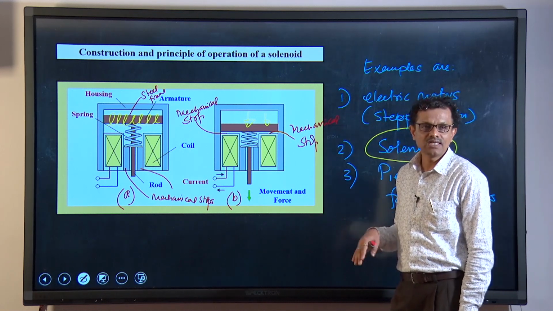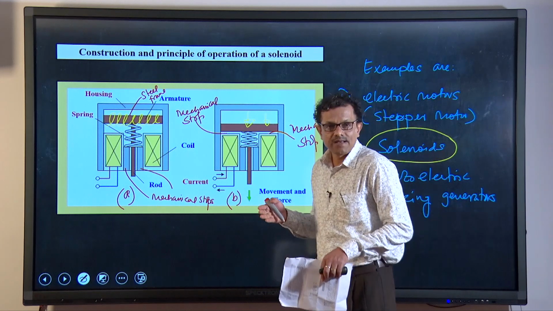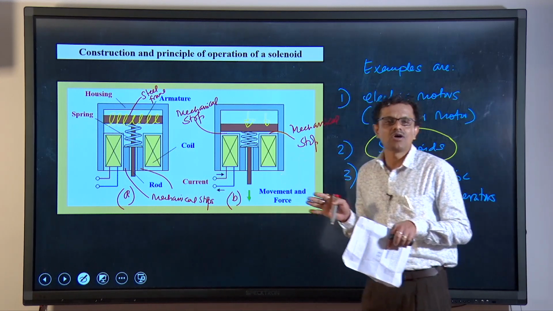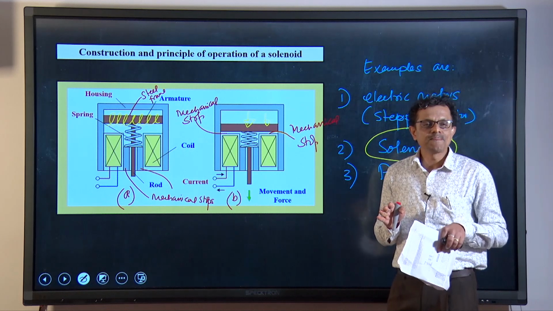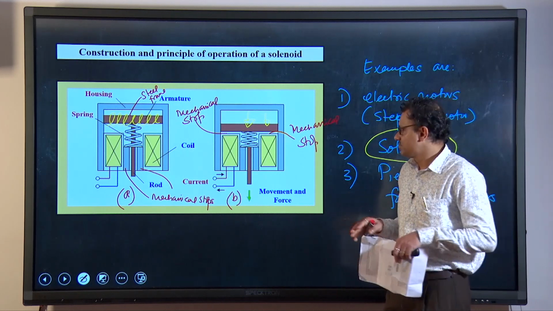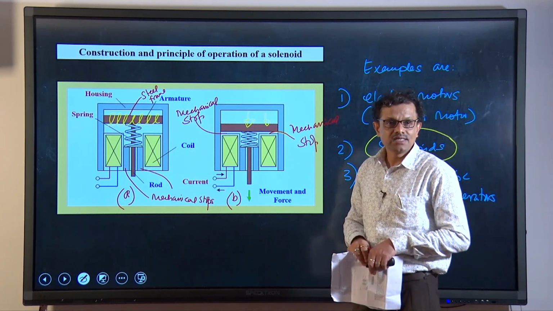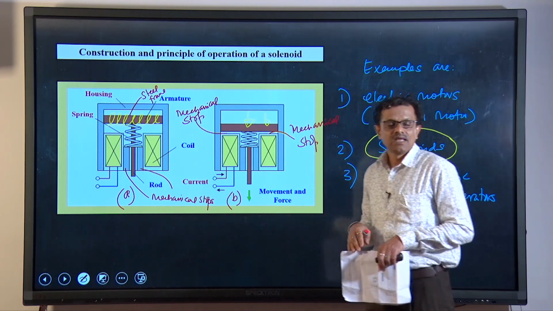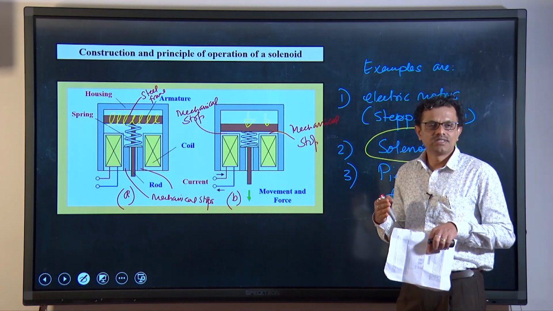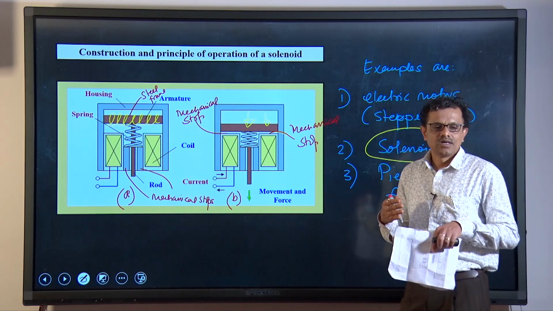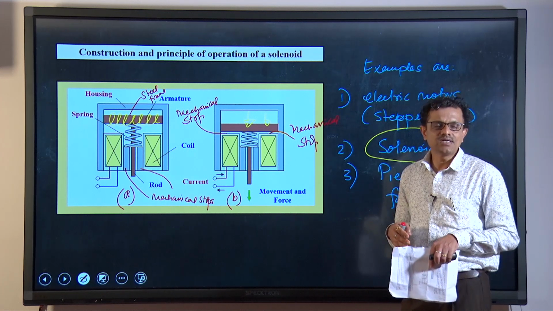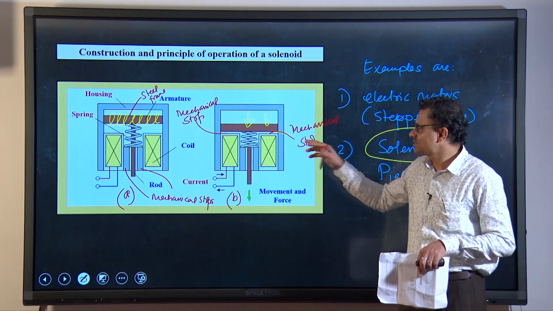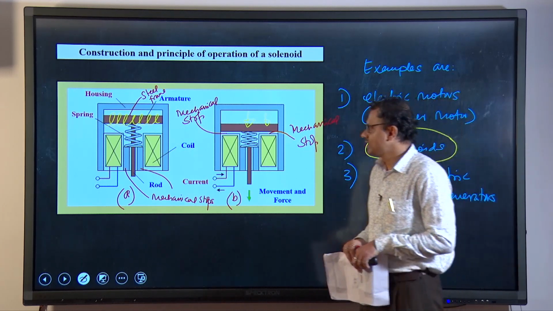So, this abrupt motion is in the form of mechanical switching between two locations of the armature. One is its equilibrium location, when there is no force. But when there is a force acting on the armature, it would be in compressed condition and it will rest on the mechanical stop. So, this is what we can understand.